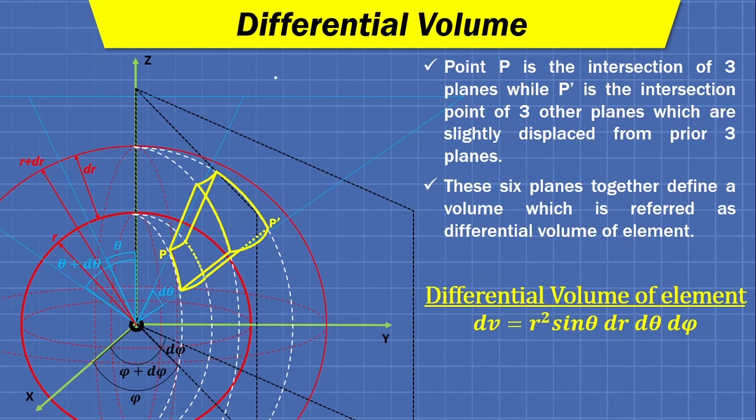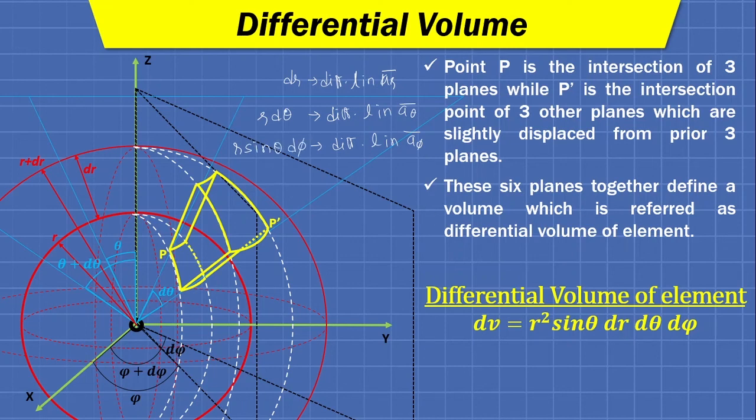So the length in the r direction is dr, then the differential length in the theta direction was r d theta, and the differential length in the phi direction was r sine theta d phi.